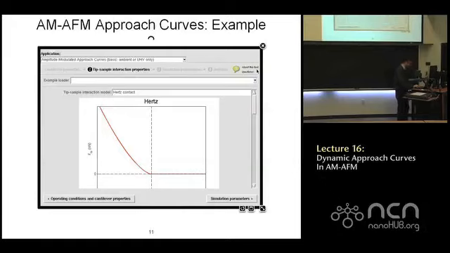Okay. So let's go into example 2 here. We want to change the tip-sample interaction model from Hertz to DMT. The important distinction between those two is that DMT has an attractive van der Waals component. That's very important to the dynamics. We can now have attractive and repulsive regimes of oscillation.